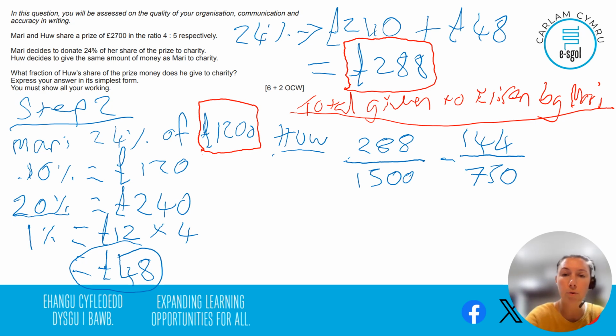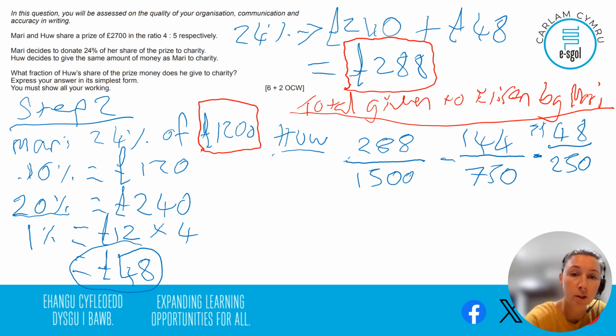Now we can go smaller again into threes. So 48 over 250. That's it worked out into 3 parts.